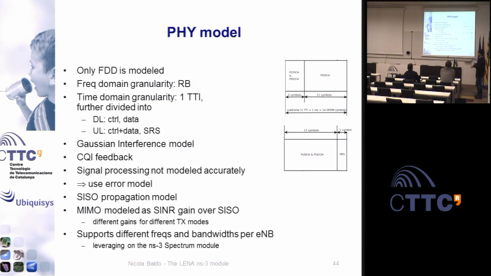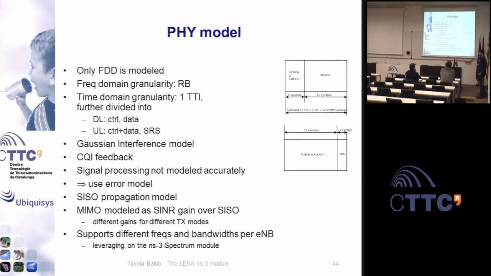For downlink, the first part is control, which is 3 symbols, and the second part is data. On the other hand, for uplink, the first part is both control and data, and takes up most of the TTI. And the last part is just one symbol and is used for modeling the SRS, sounding reference signal.